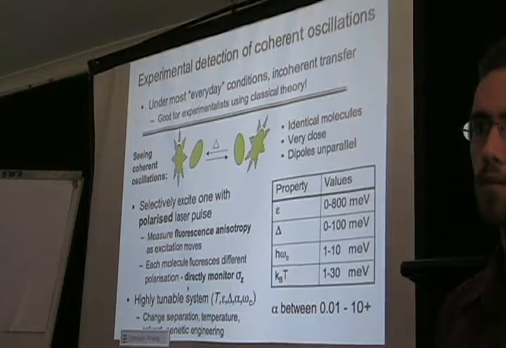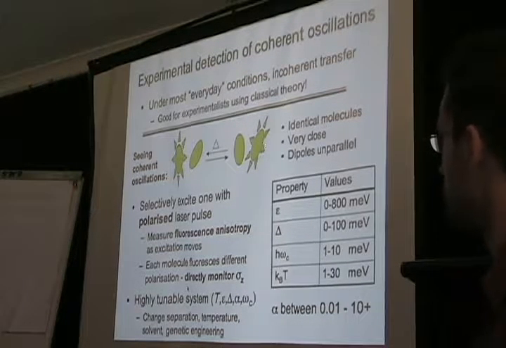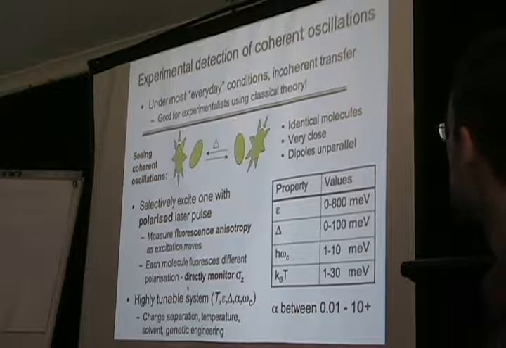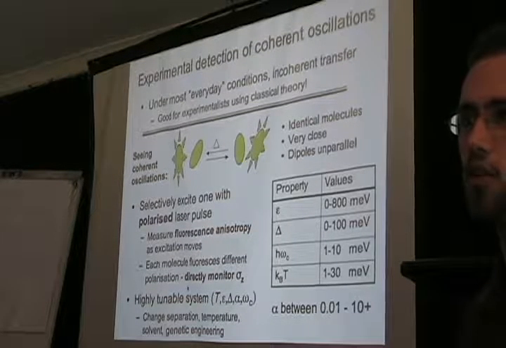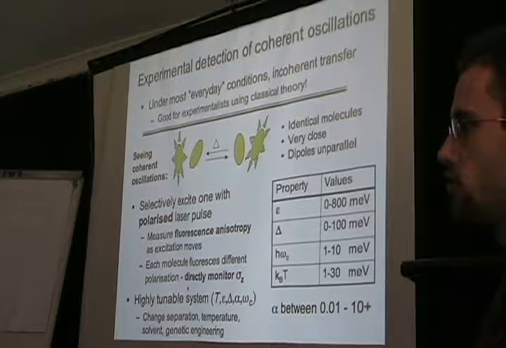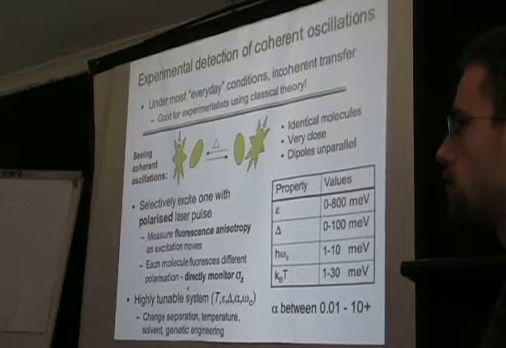What is the time scale you expect for these to occur? Depends on the molecule. For the transfer here, basically it depends on the coupling between them. But I think on the order of picoseconds. Sometimes it will be femtoseconds.